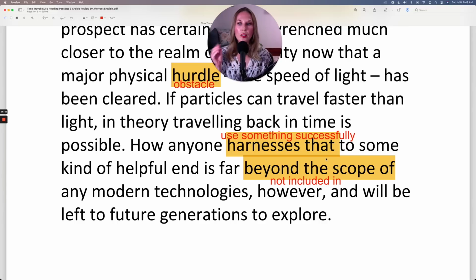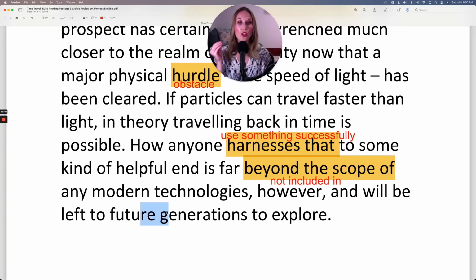So it's beyond the scope of any modern technology, however, and will be left to future generations to explore. When you leave something to someone, it means that you give the responsibility to someone else.